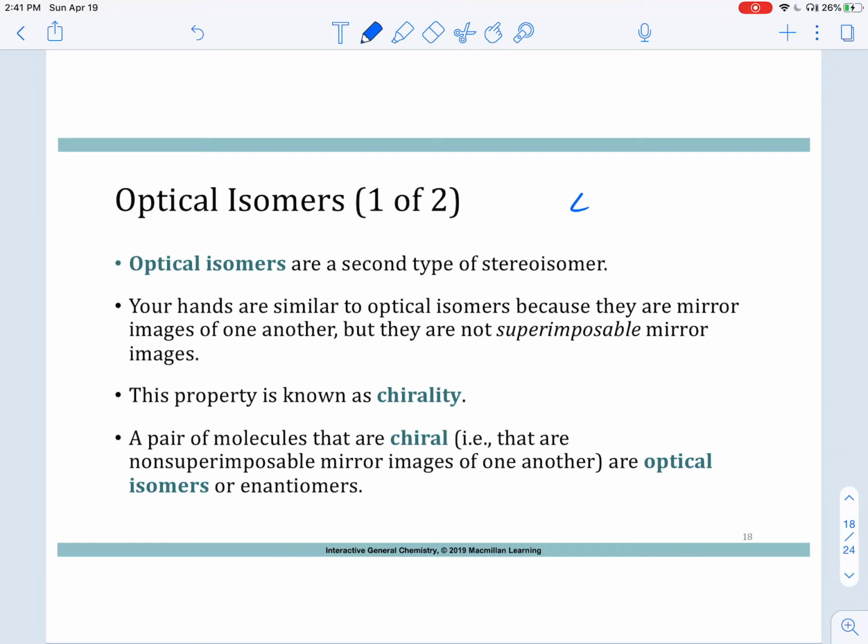If you have a molecule CHBrCl, 4 different things, and I draw that same molecule like this, say it's looking at itself in a mirror, it becomes ICLHBr.